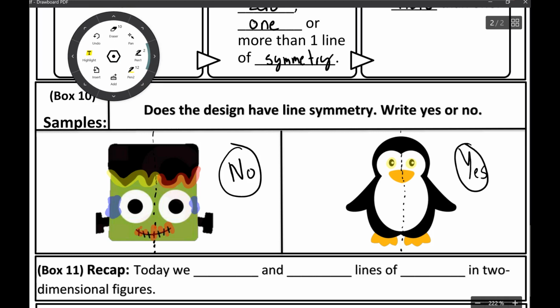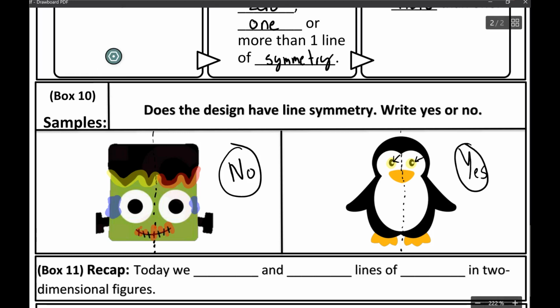You can see this eye's facing that way and this eye's facing that way. So some of you might say something about the eyes, but that doesn't bug me too much, because overall, if we were to fold the penguin in half, that would definitely be yes.